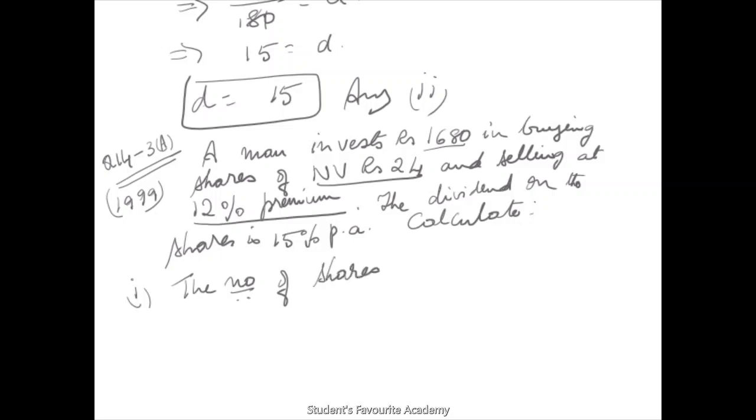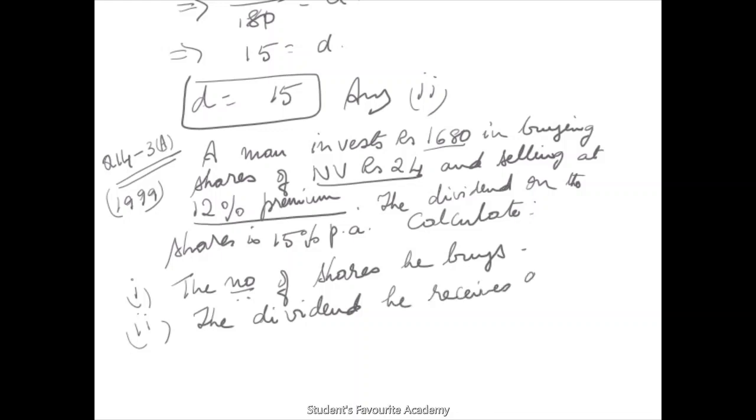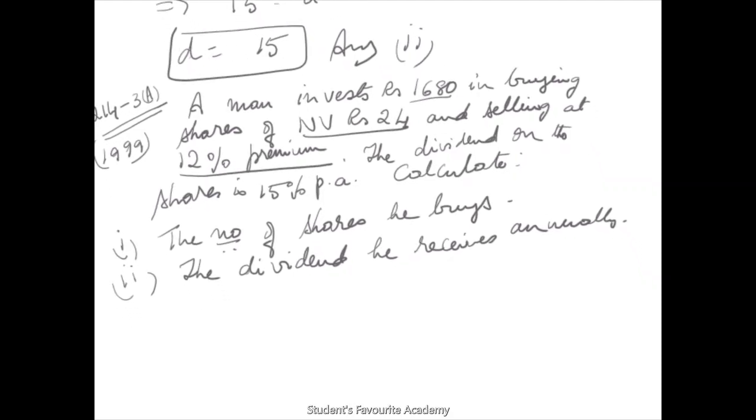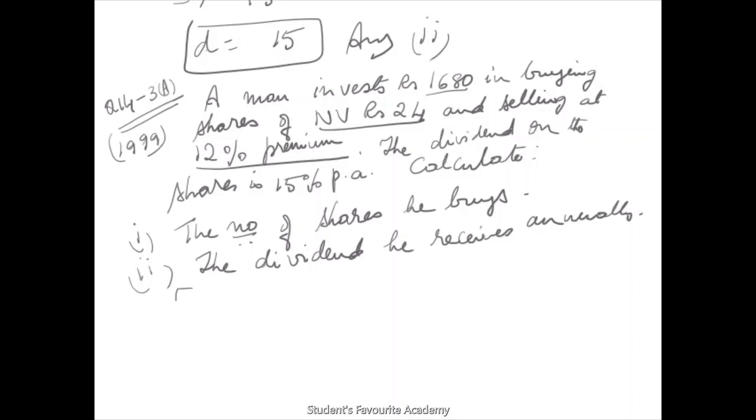The number of shares he buys, and 2, the dividend he receives annually. Okay, I'm sure you will be able to do it. Try it. The answer that you are supposed to get.